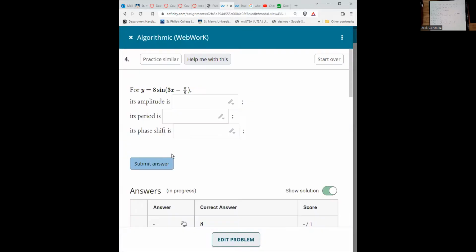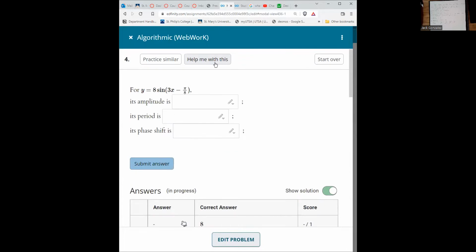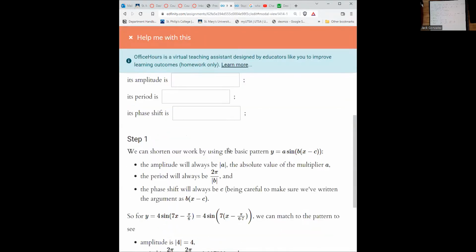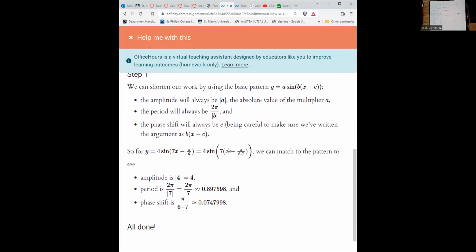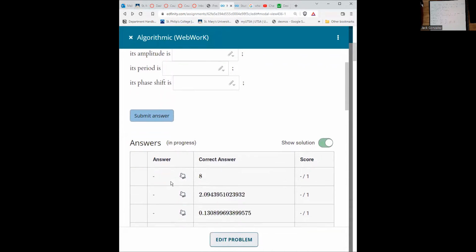In our case, for the phase shift, they take the pi over 6 and divide by 7. So that's where this comes from. Pi over 6 divided by 7. So when you divide by 7, it'll end up down here. So here is the phase shift. So nothing crazy. We're just following that printout.